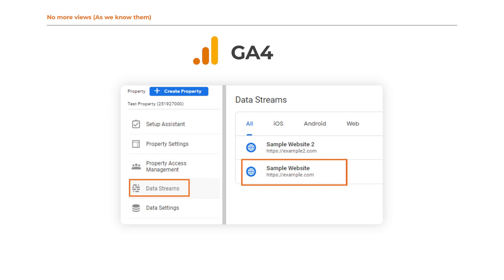But as far as reporting is concerned, you can see all the data as a roll-up. So it's kind of like getting the roll-up feature on the free version. You can see all your data for your website and your app in that one reporting interface.